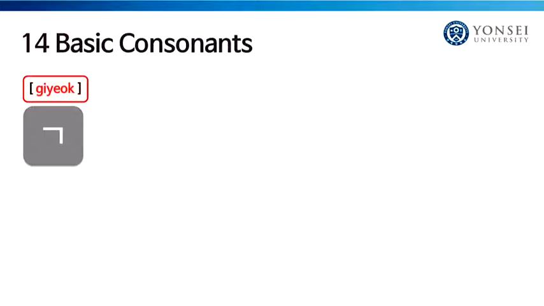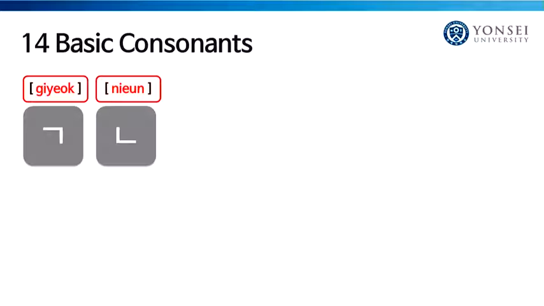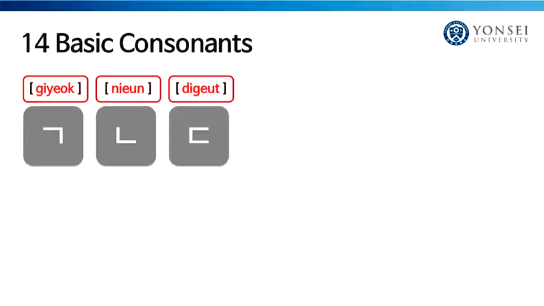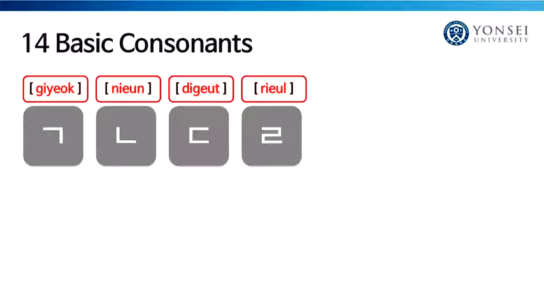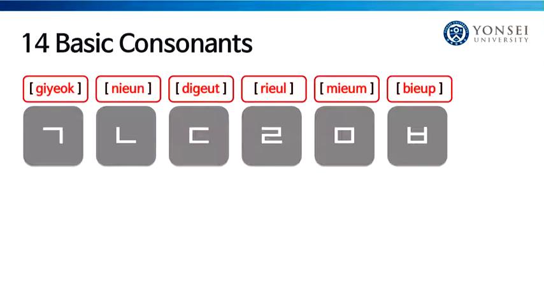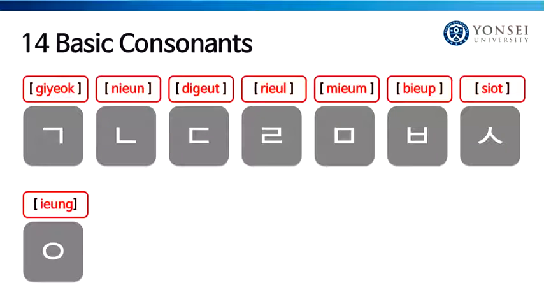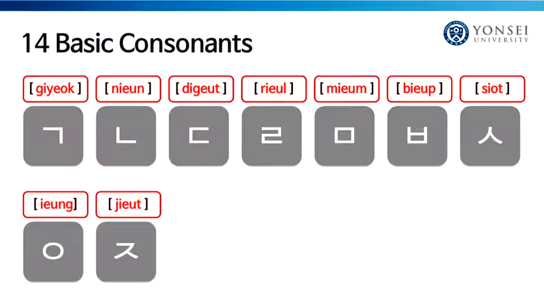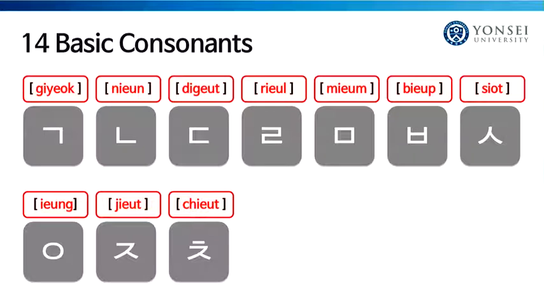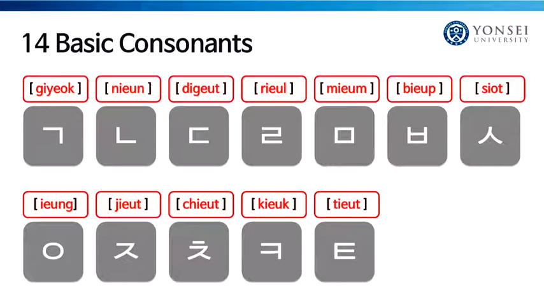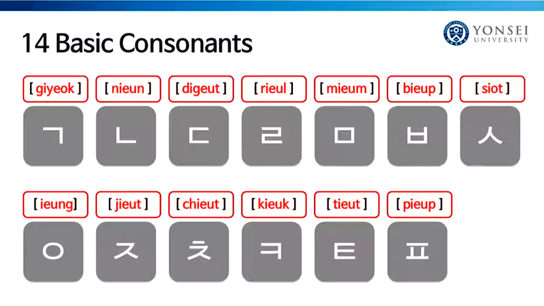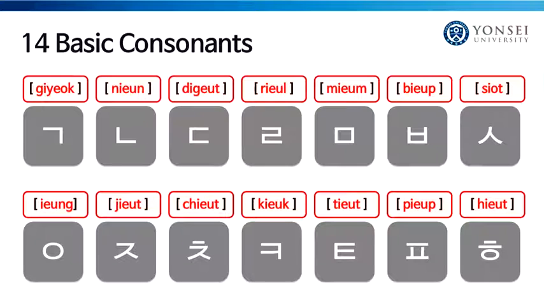Well, at this time, let's repeat the names of 14 consonants one more time to the alphabetic order, which is in the dictionary. 기역, 니은, 디귿, 리을, 미음, 비읍, 시옷, 이응, 지읒, 치읒, 키읔, 피읒, 히읗.